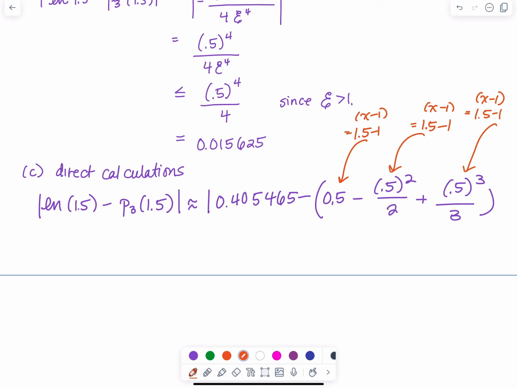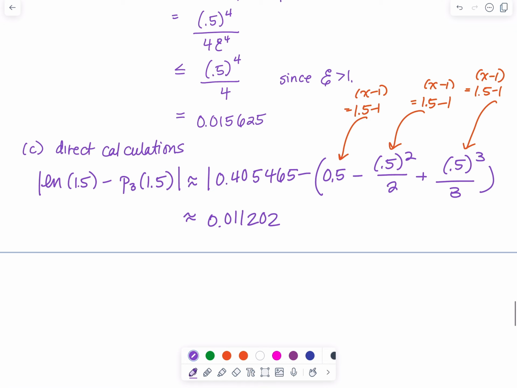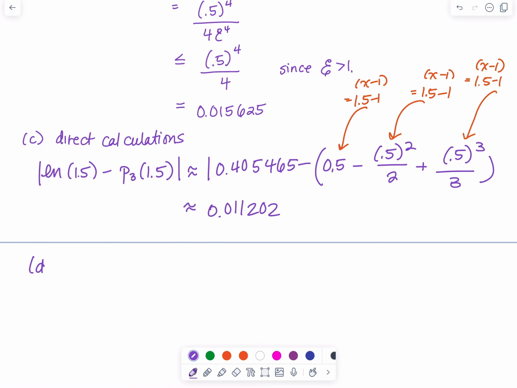Okay, and so if you compute that, you will come up with approximately 0.011202. So pretty close.